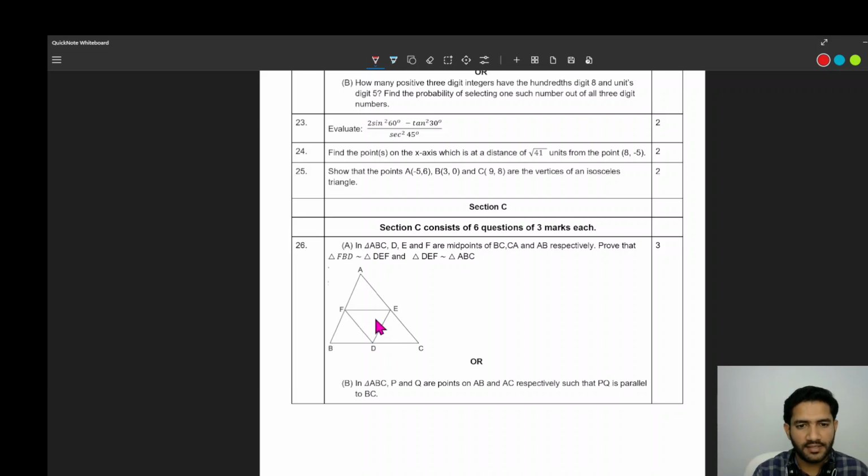In 9th grade we studied the midpoint theorem, and the same midpoint theorem we are using here.